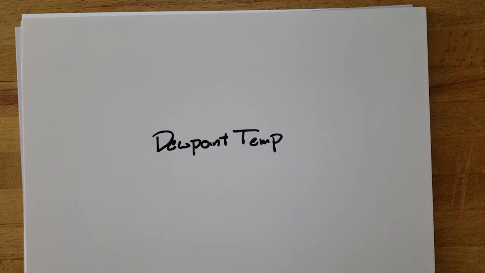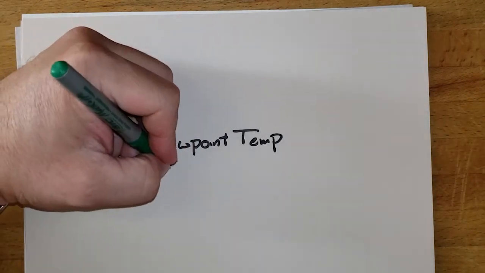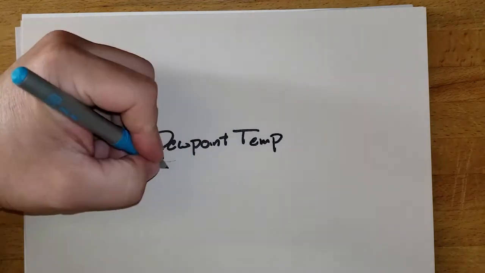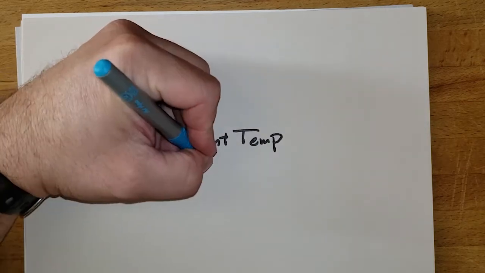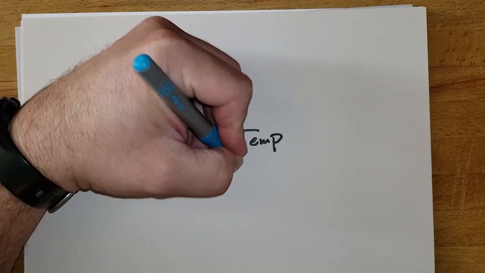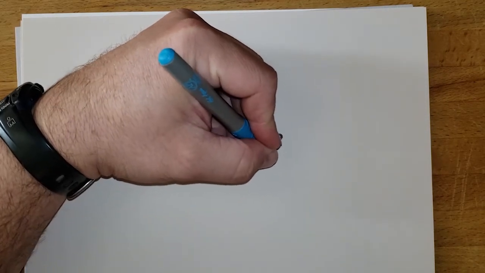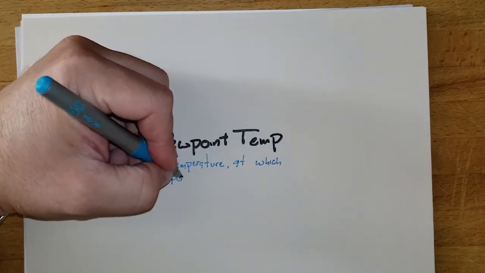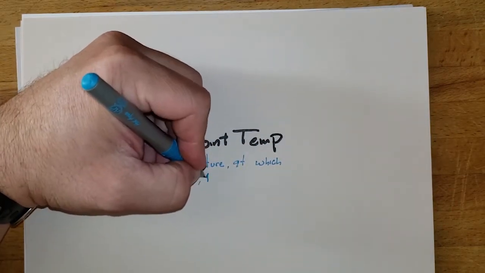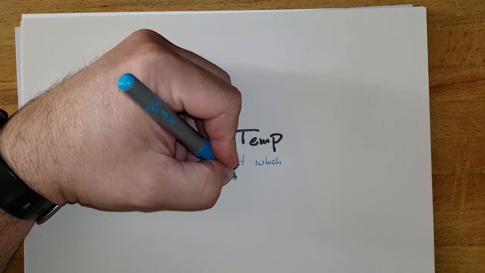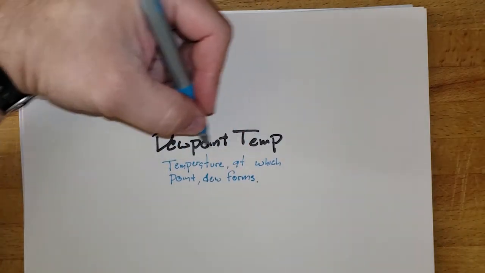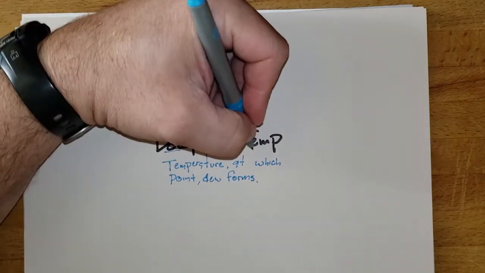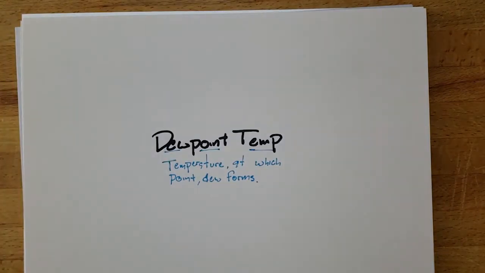Okay, so let's think a little bit deeper about this dew point temperature. If we were a little sarcastic, and we are sometimes, it's the temperature at which point dew forms. Get it? But there's a lot that goes into this.